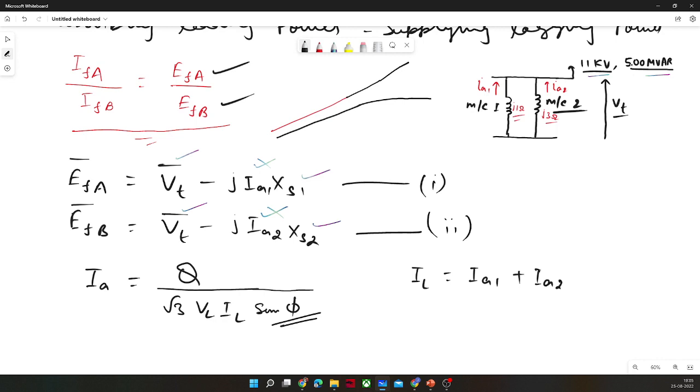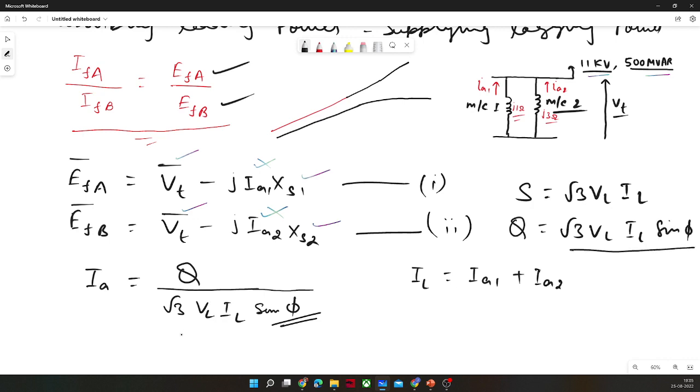But this grid would have some current, and this grid will have some power. S equals root 3 VL IL. Since this grid is operating at 50 MVAR, it is only taking reactive power. So we will take Q equals root 3 VL IL sin phi. I am writing only this formula here.